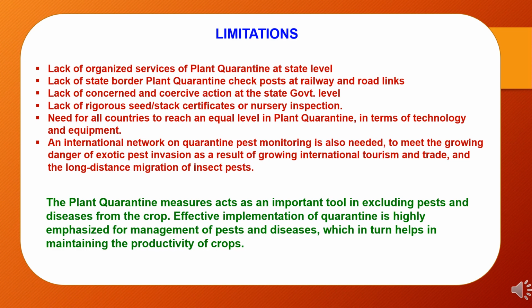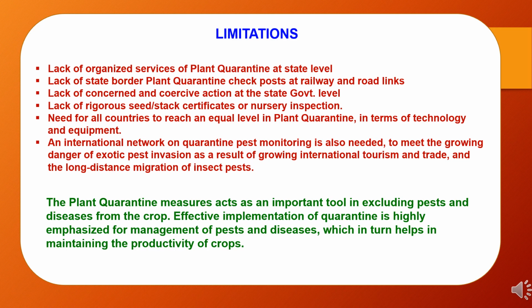The need for all countries to reach an equal level in plant quarantine in terms of technology and equipment is an area for improvement. An international network on quarantine pest monitoring is also needed to meet the growing danger of exotic pest invasion as a result of growing international tourism and trade and long distance migration of insect pests.